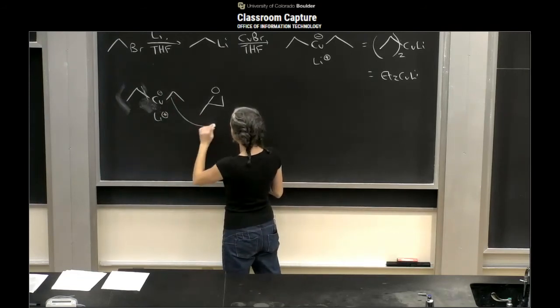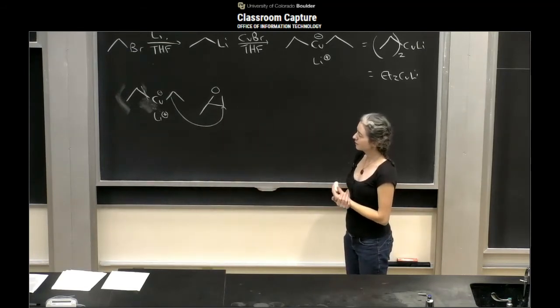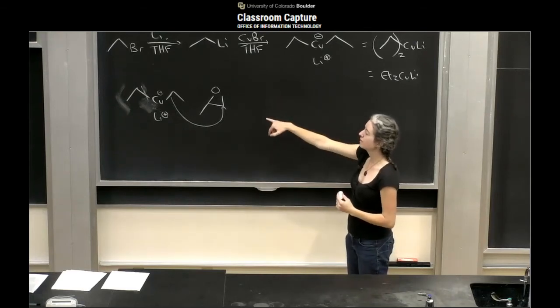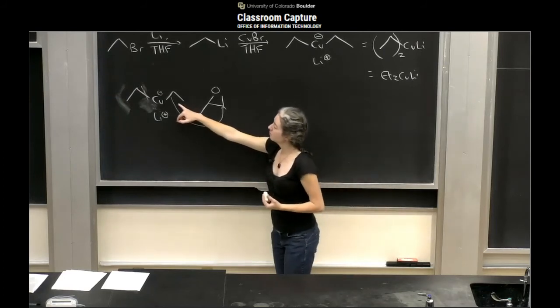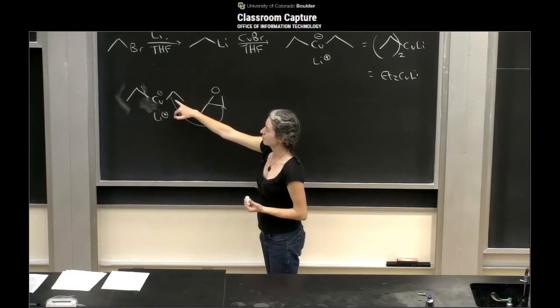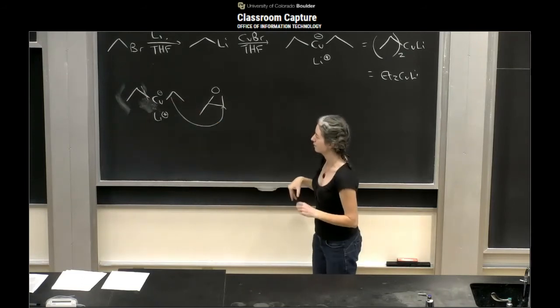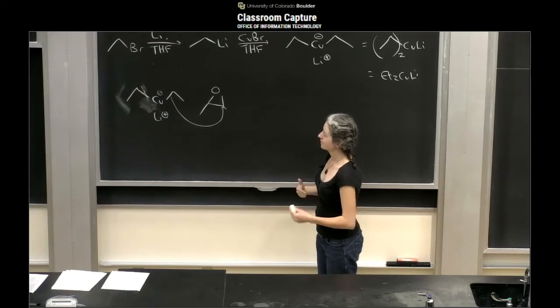So if you want to show the actual mechanism, to be honest, this mechanism involves transition metal chemistry and is not exactly the same as it would be for a Grignard or a lithium. So this is a little bit hand-wavy and nonsense, but we'll sort of get more in depth on how transition metal stuff works when we get halfway through the semester. There's a chapter about it. This is good enough for now, though.